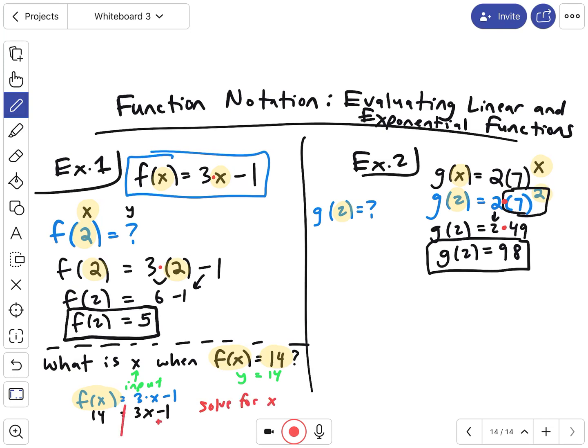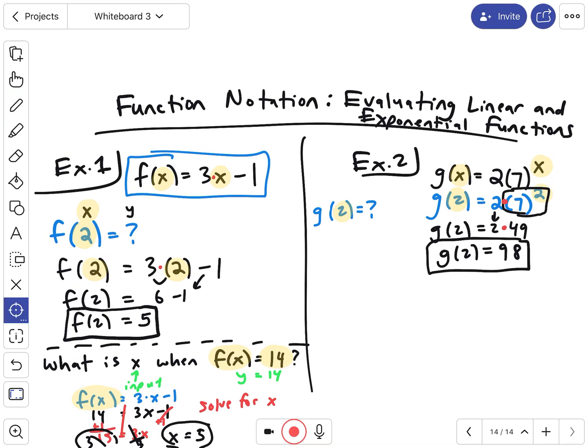And so in order to solve for x, we're going to have to do the opposite, do the addition and subtraction first. 14 plus 1 is 15 equals 3x. And then to get x by itself, we've got to get rid of this 3 that's multiplying by dividing. So we're going to divide by this coefficient. And so now we have x equals 15 divided by 3, which is 5. And so that would be the answer for this one.